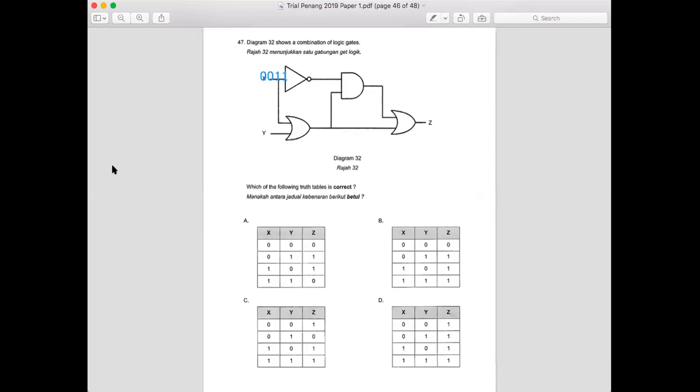Lepas tu sini awak kena tulis apa ni? 0101. Kan, habis tu sini pun dah tu kena tukar lah, tukar kat sini 1100. Ni OR gate. So write down everything yang dekat kaki-kaki dia ni. Then you get the answer. So the answer should be apa depannya?